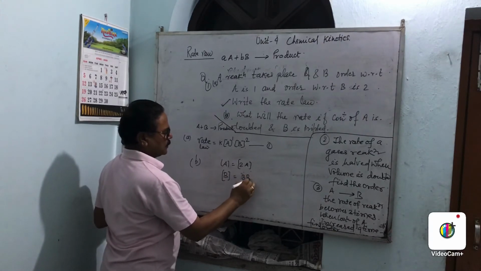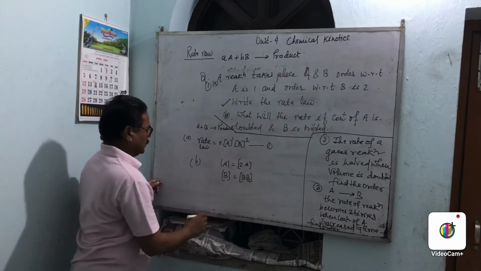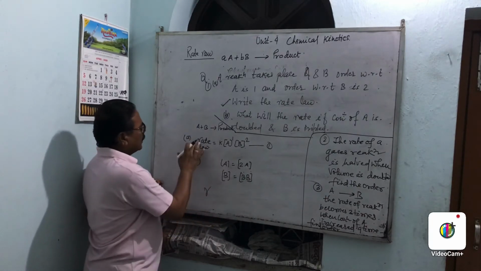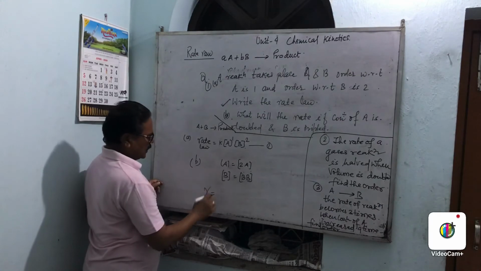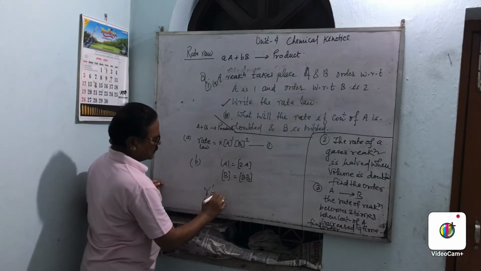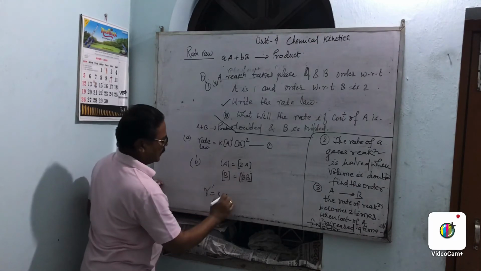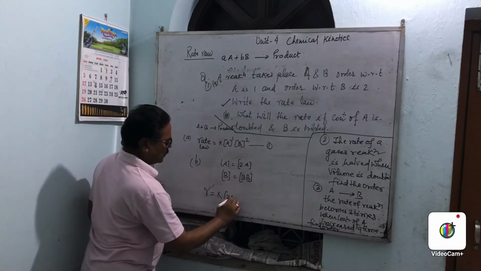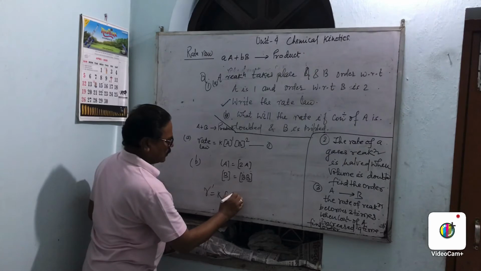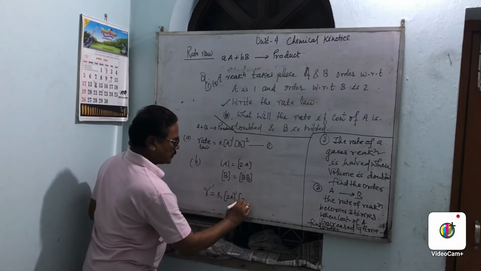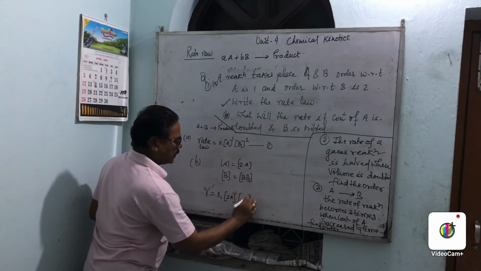Now put in equation 1. So another rate, call it R dash, is K times twice A to the power 1, and thrice B to the power 2.